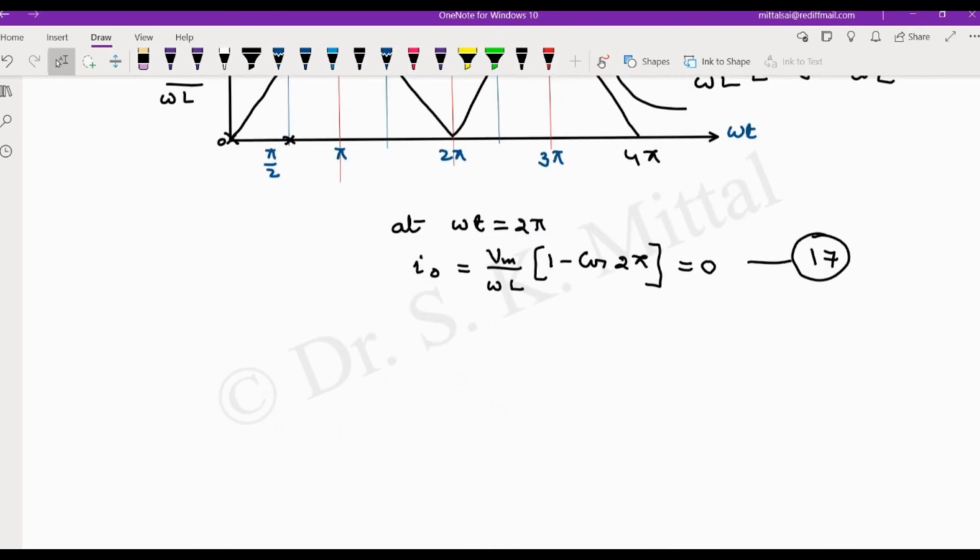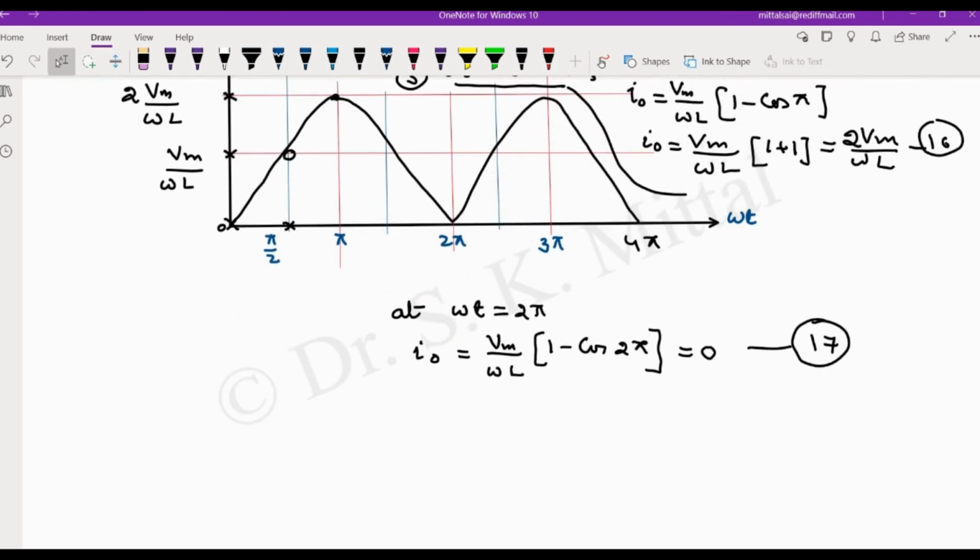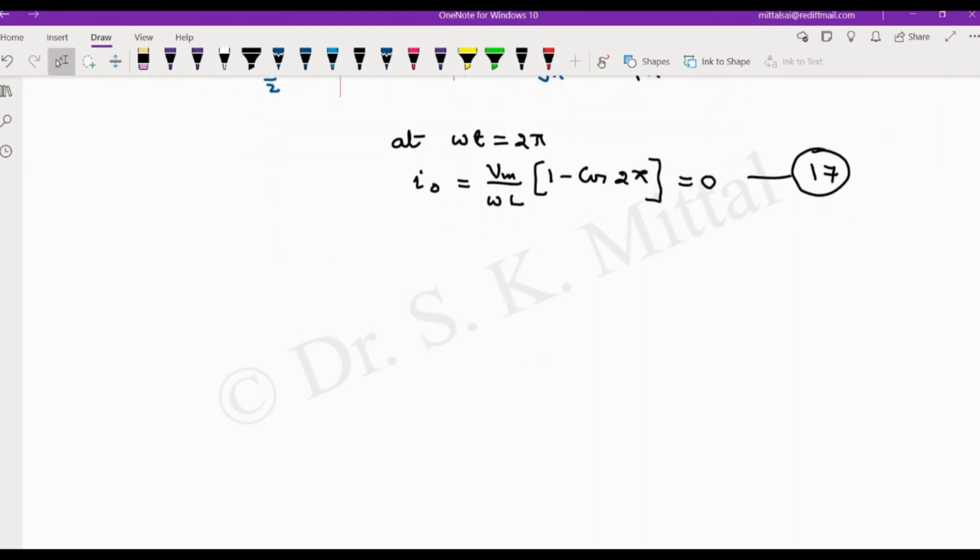Now after this, one more value we can calculate, that is the average value of output current.